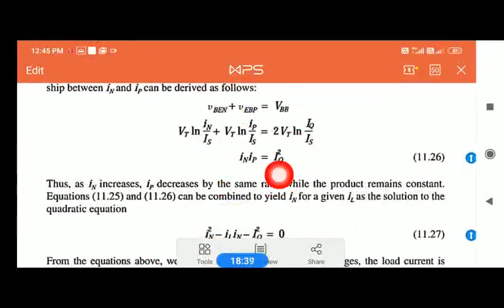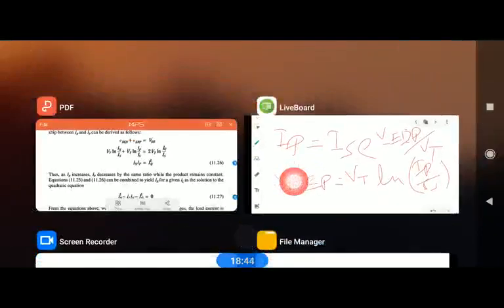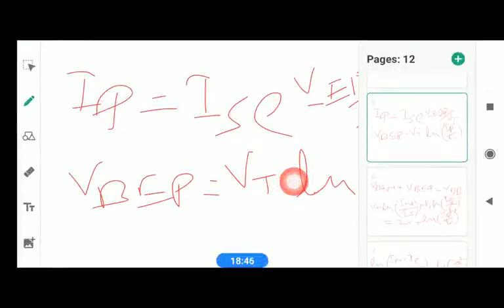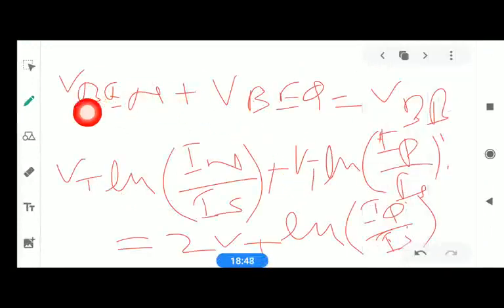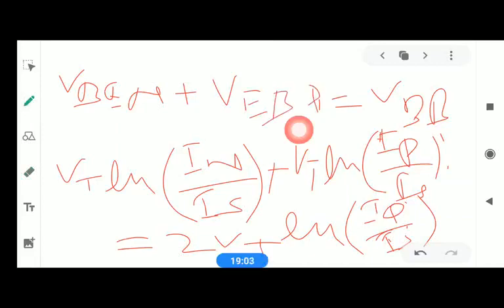Further you solve this equation to get In into Ip equal to Iq square. See this VBE N, and VEB P, equate that: VBE N is this, VEB P is this, and VBB is 2Vt ln of Iq by Is, right?